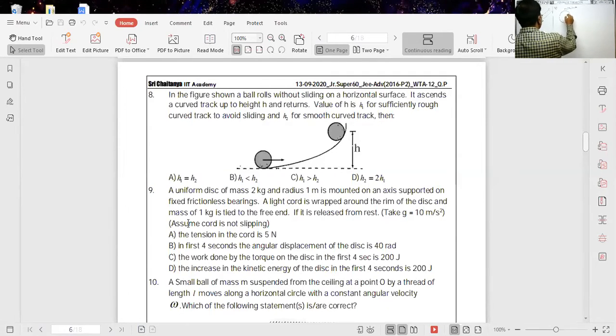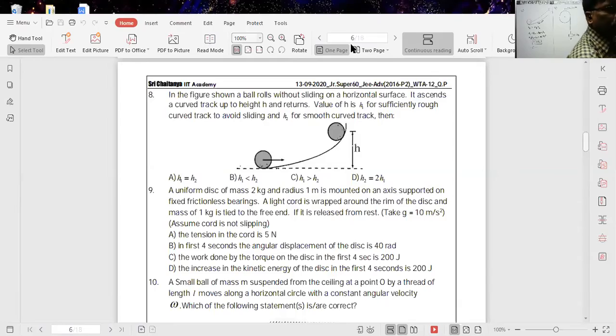A light cord is wrapped around the rim of the disc, and a mass of 1 kg is tied to the free end. It is released from rest. Whenever it is released, we have to check the options one by one.